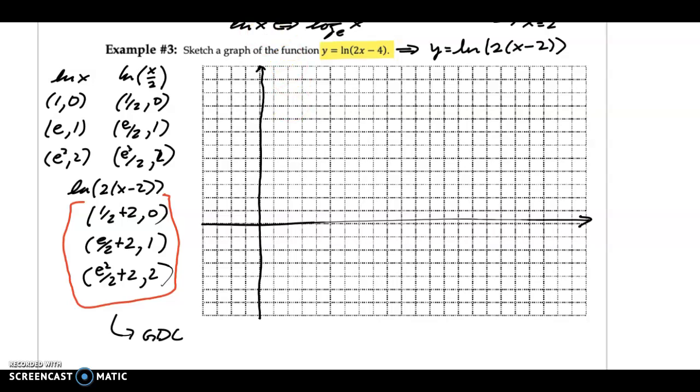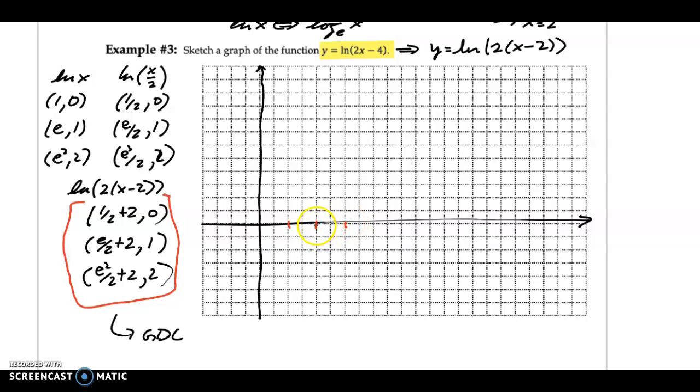So if I select those points, I know that 0.5 plus 2 is going to be 2.5. So I'm going to say 1, 2, 3.